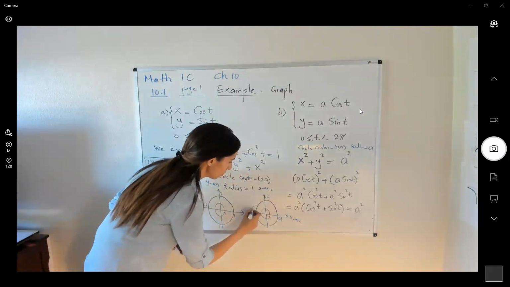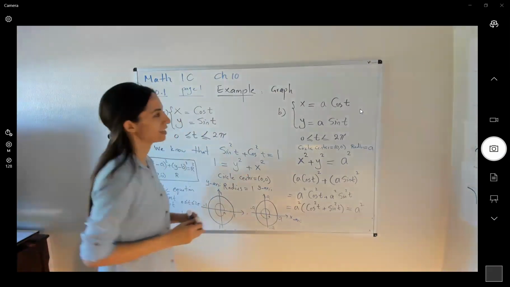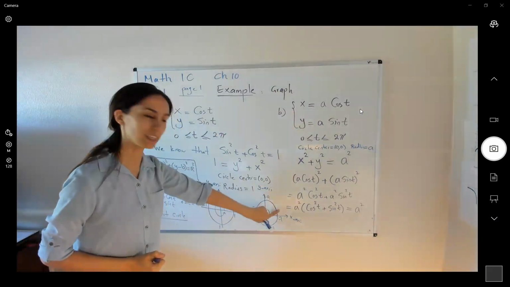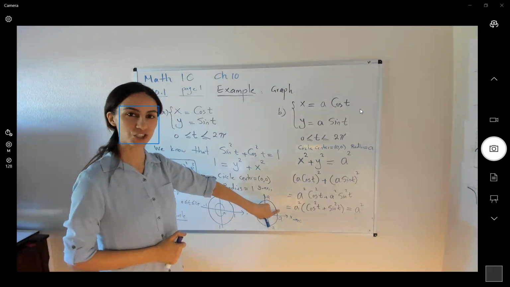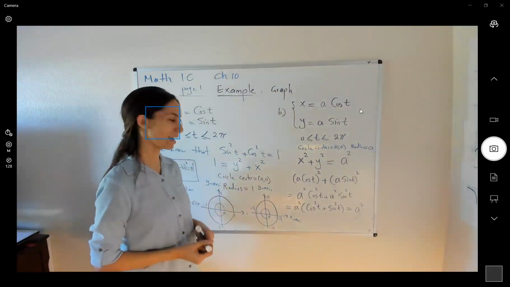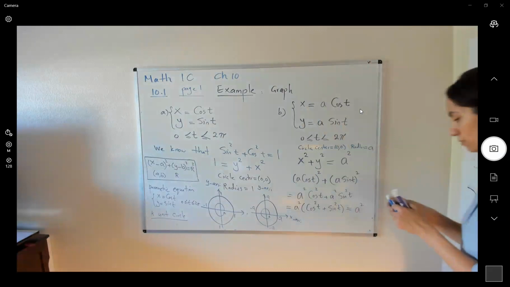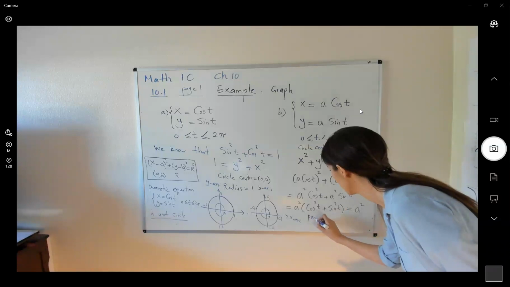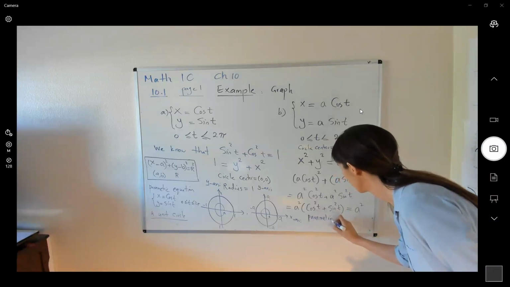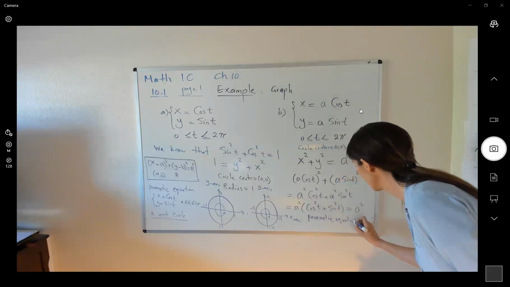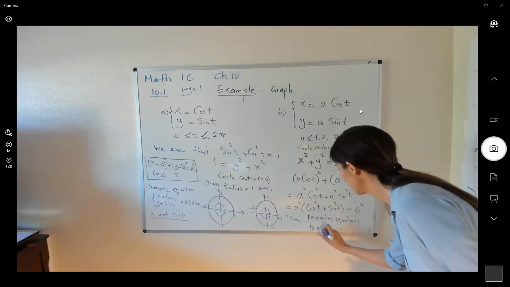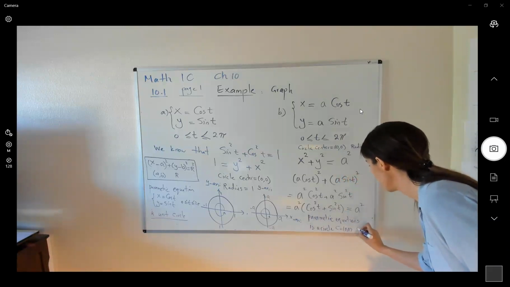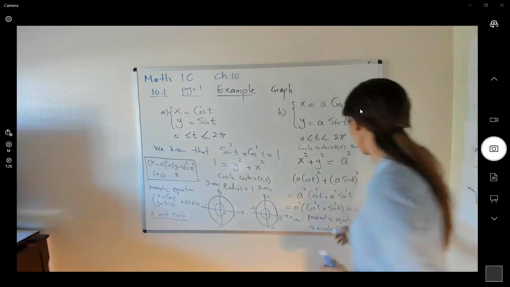This parametric equation is a circle centered at the origin with radius equal to a. So this is your conclusion.